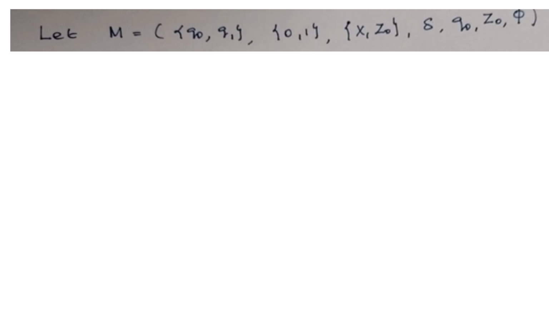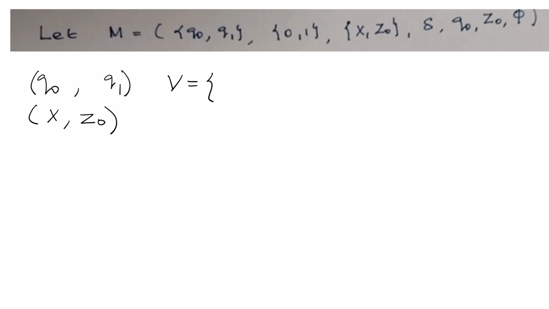The states given in the PDA are Q0 and Q1. So what are all the different combinations of these states that we can get from these two states? That is what forms the variables, and we also have to use the stack symbols X and Z0 to form the variables.